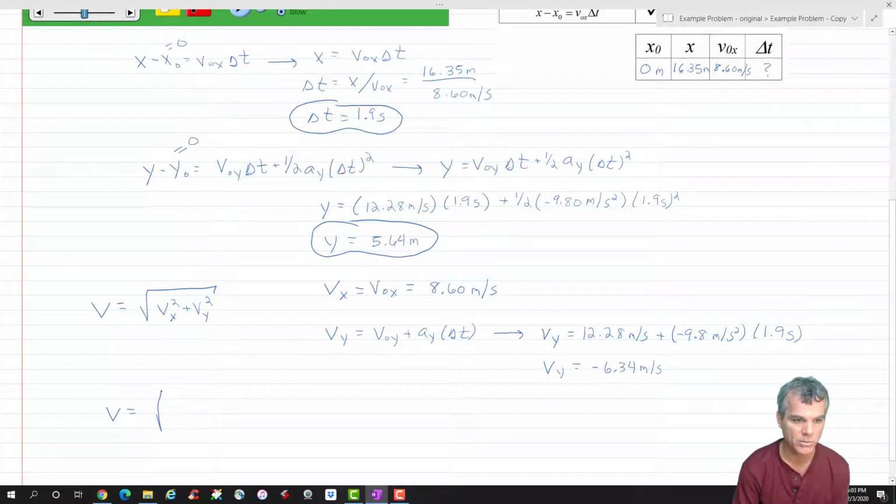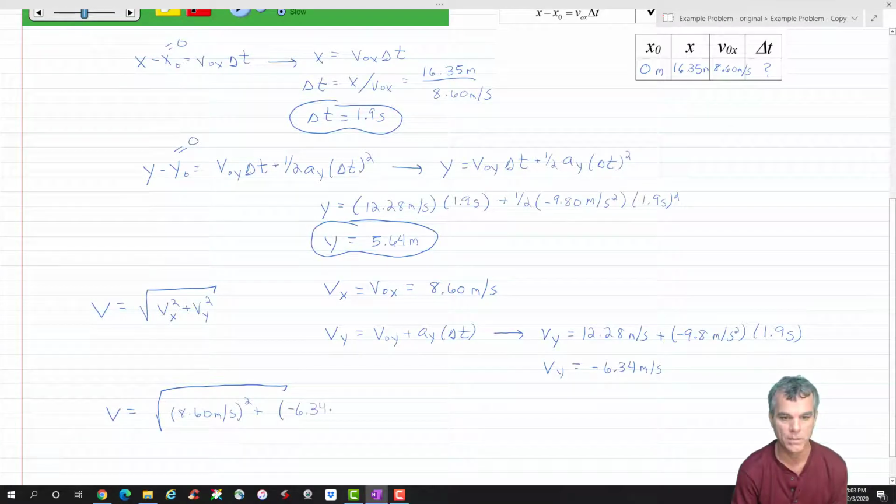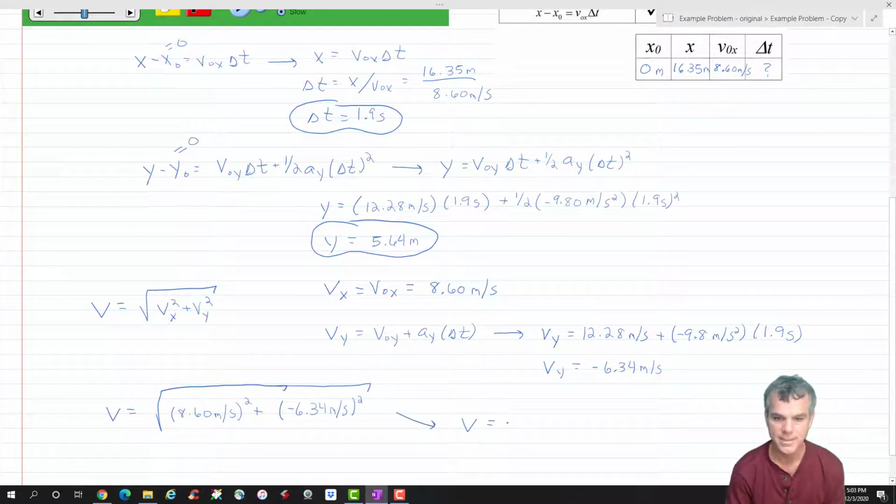It's going to be the square root of vx, which is 8.60 meters per second, squared, plus negative 6.34 meters per second, whole quantity squared. And what you get is the speed is equal to 10.7 meters per second.